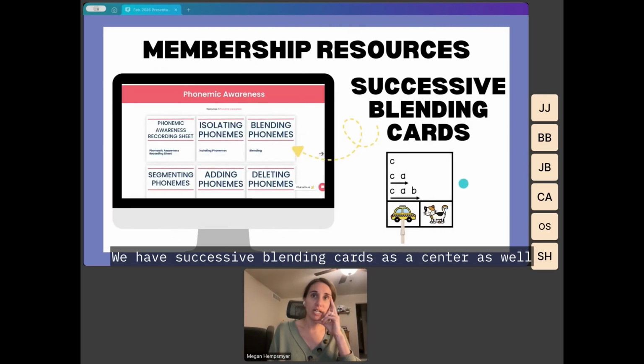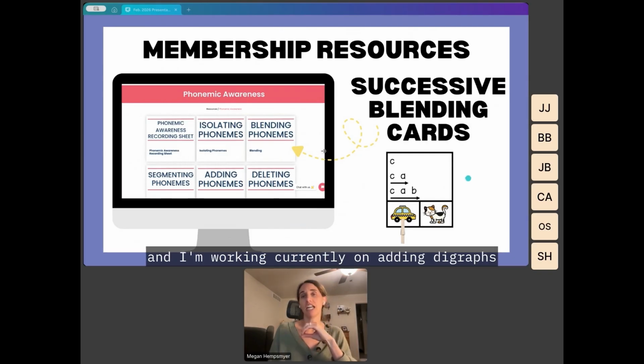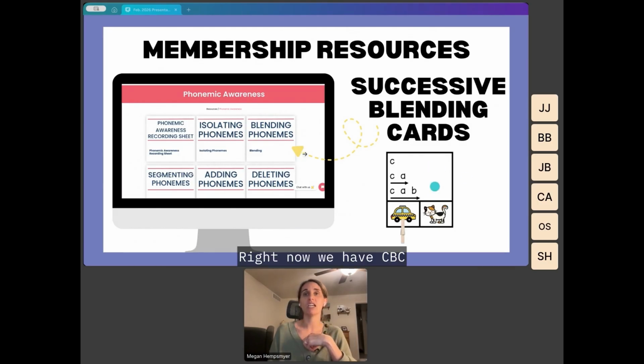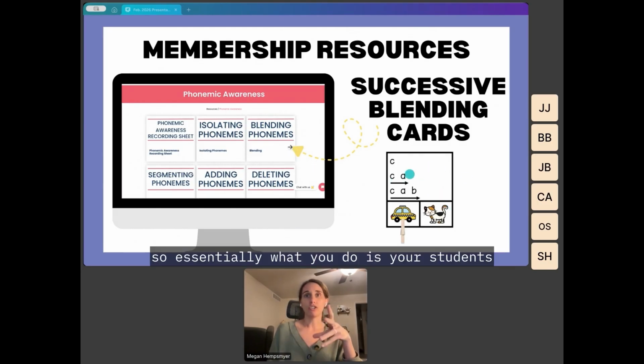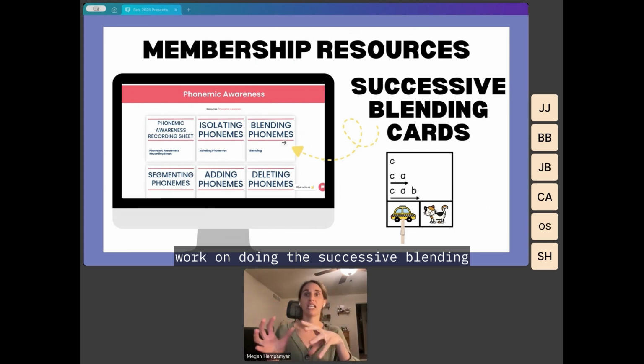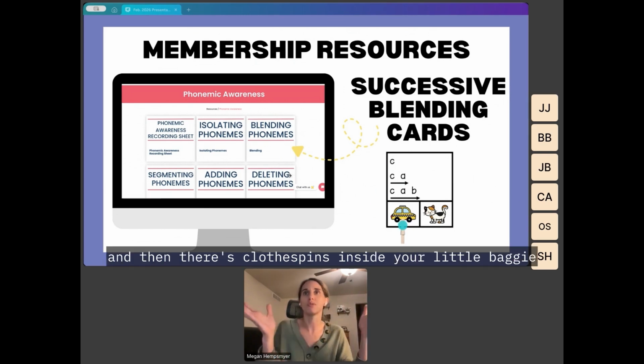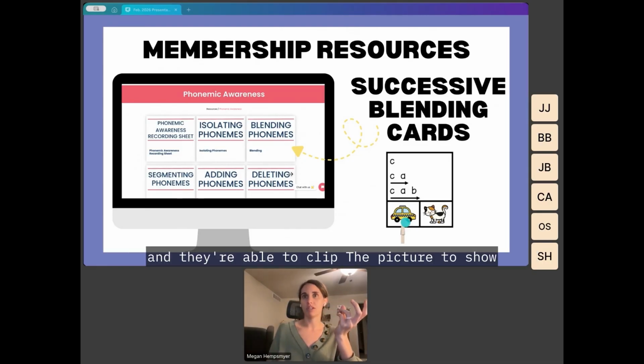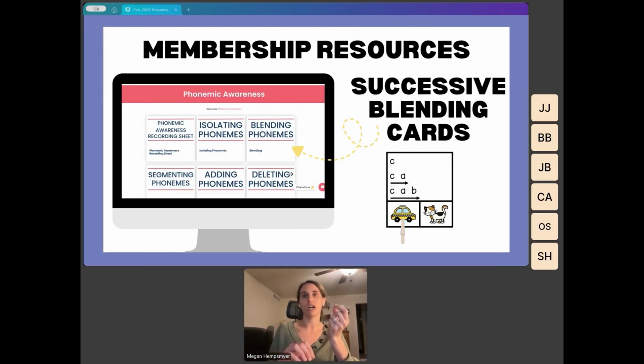We have successive blending cards as a center as well, and I'm currently working on adding digraphs and beginning and ending blends to the membership. Right now we have CVC. So essentially what you do is your students work on doing the successive blending, and then there's clothespins inside your little baggie or however you have it organized, and they're able to clip the picture to show what the word is.